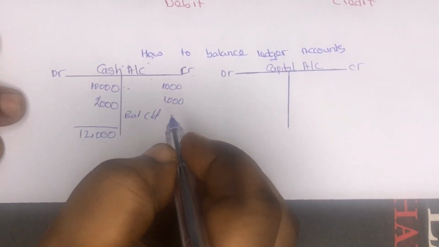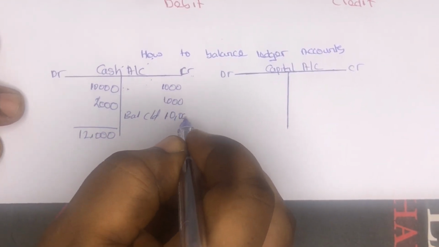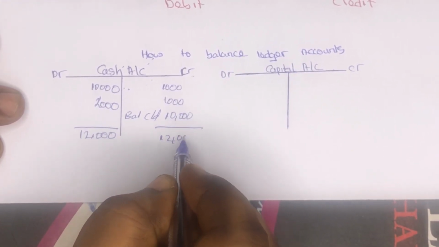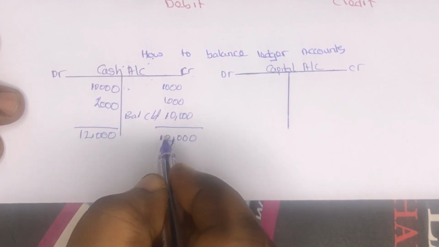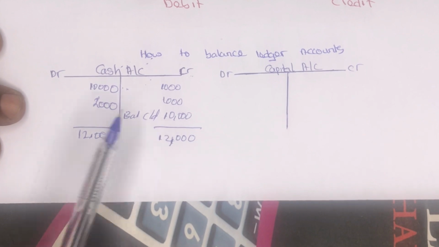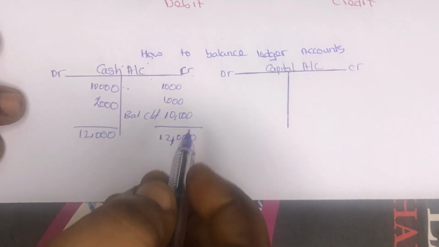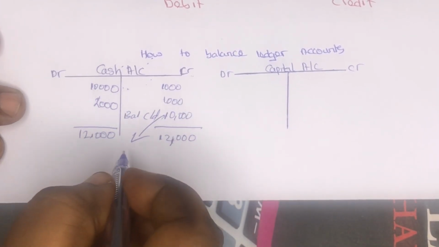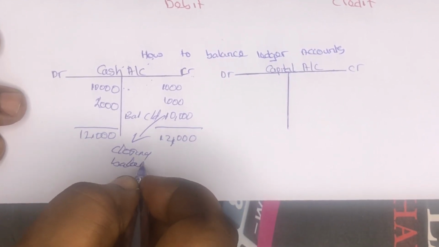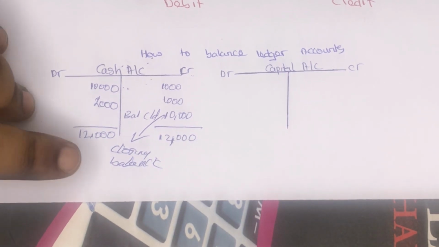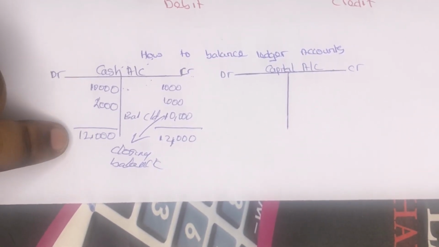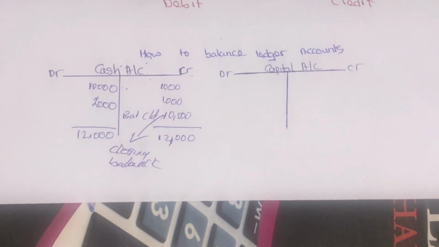So if we put 10,000 here, so 12,000, sorry, this is 12,000. So the debit must be equal to the credit. And then this one now is the closing balance. This is the closing balance or the debit balance because the debit side is greater than the credit side.